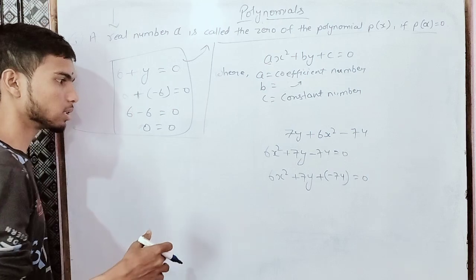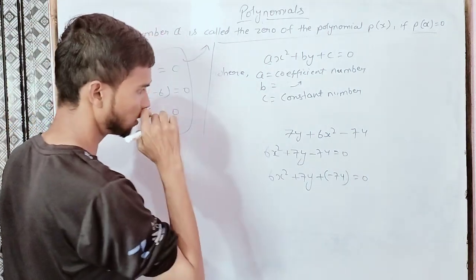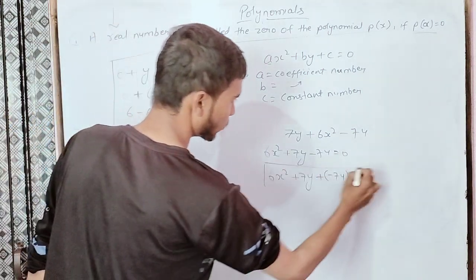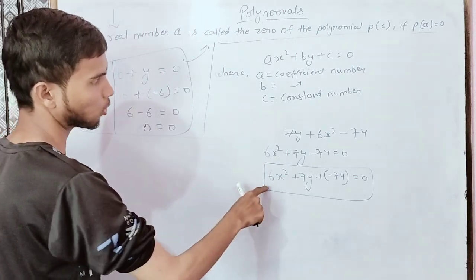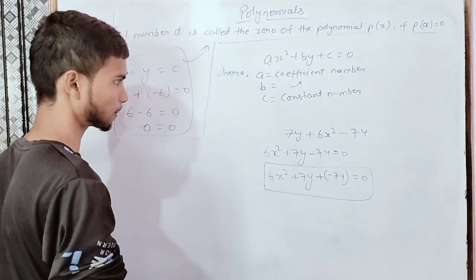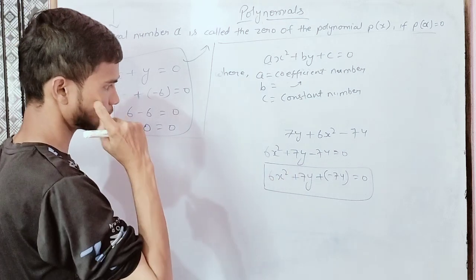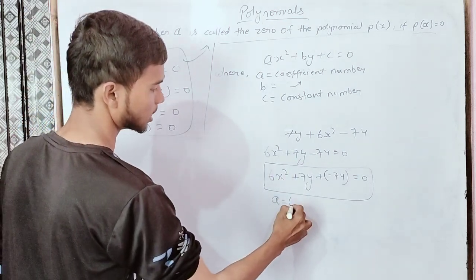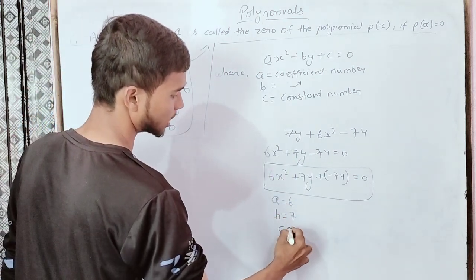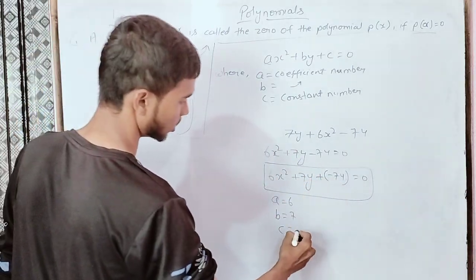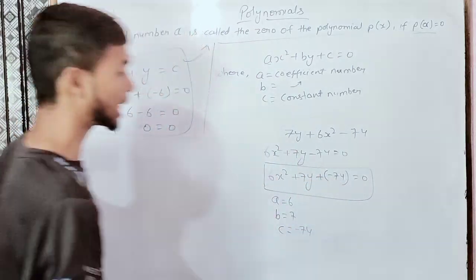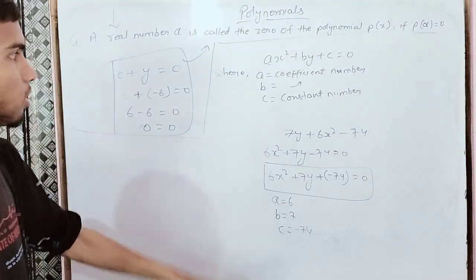The question is asking, tell me the values of a, b, and c in this polynomial that you arranged. You would say a is 6, b is 7, and c is minus 24. That's how you will find the values of a, b, c.